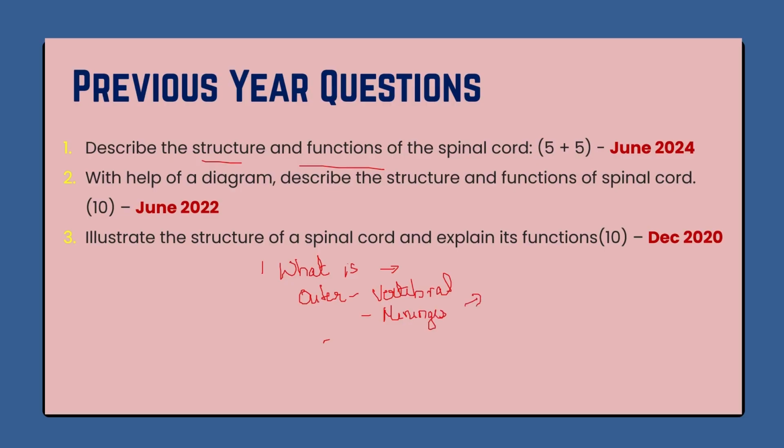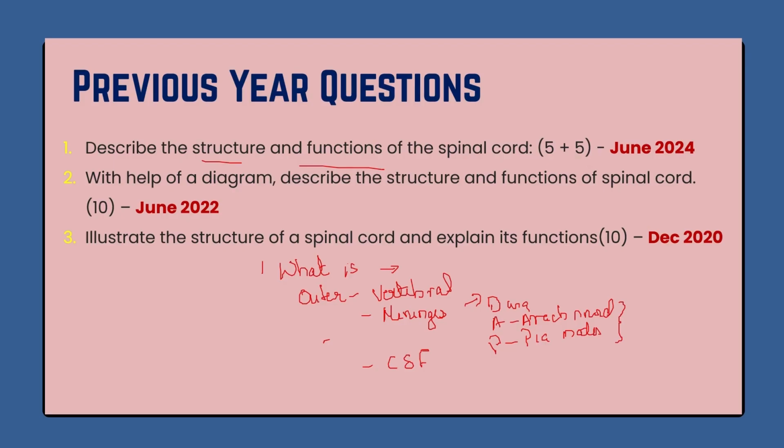Remember, don't ask me which are the meninges. You know: dura mater, arachnoid mater, and the last one, pia mater. So these are the meninges. Then we have the cerebrospinal fluid in the subarachnoid space. Where is it? Between the arachnoid mater and pia mater.